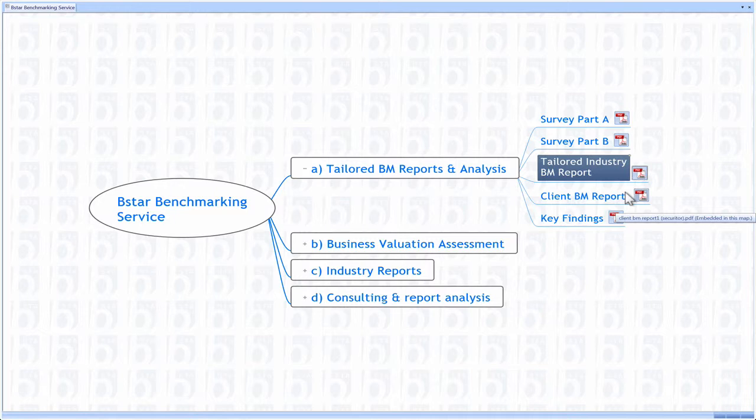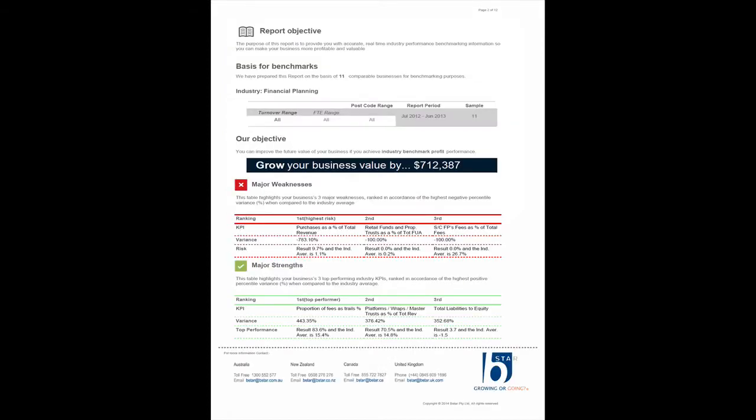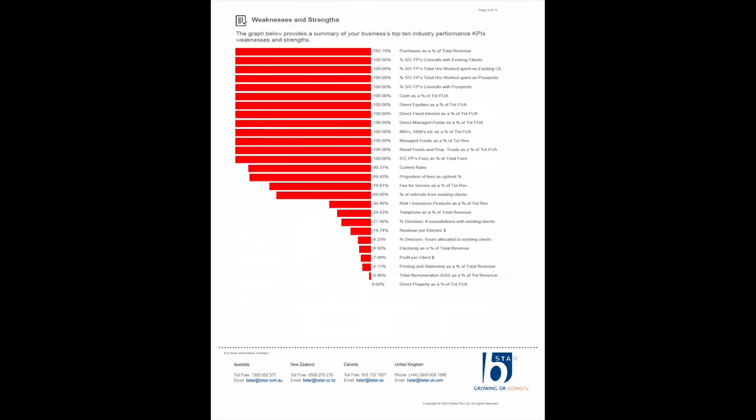So now let's have a look at the individual participating firms and how they stack up against their peers and colleagues. So here's the industry performance benchmark improvement report, and what it's highlighting are the 3 major weaknesses that this particular firm has and the 3 major strengths. And so we give it a ranking, we highlight the variance and the risk associated with that variance.